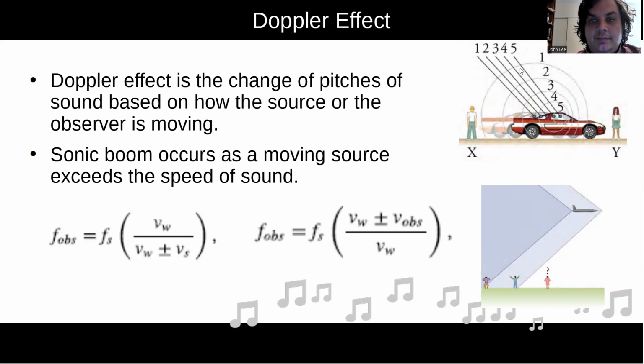So if you look on the top right picture here, you'll see a car that is driving from left to right, from X to Y, that is emitting sound. And then you'll also see that because it's emitting sound at the same time as it's moving forward, each of the circles for the sound it's emitting are going to be moving from left to right at the same speed as the car.